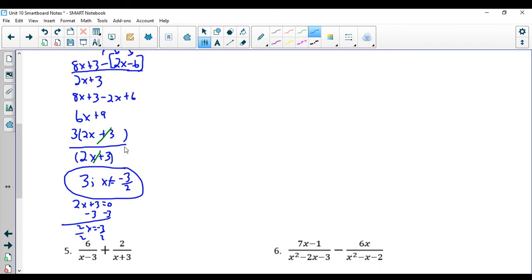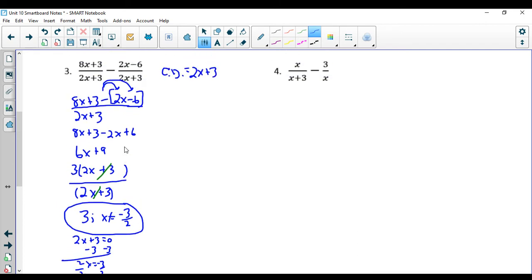All right, so those are the problems that involve common denominators that we already have. For number 4, we don't have a common denominator yet, because this first fraction has a denominator of x plus 3. This already has an x. And remember, each of these are individual factors.